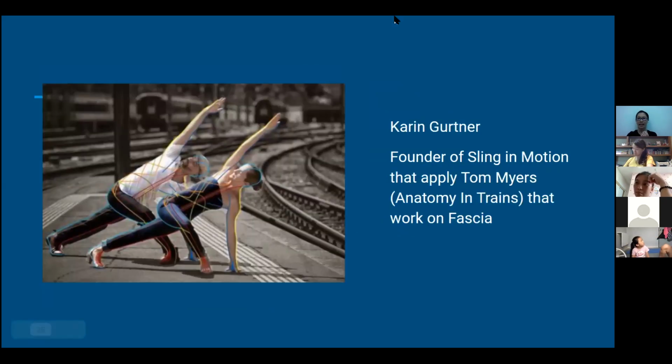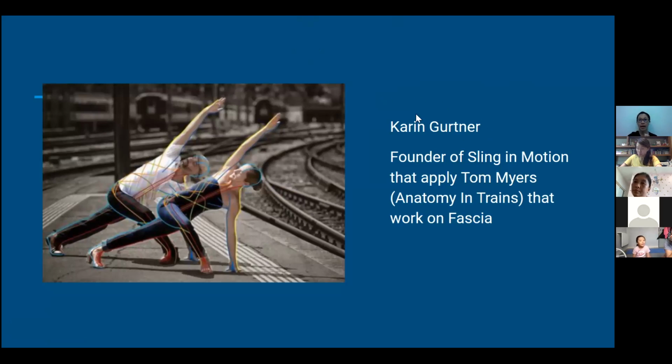Now, Karen Gardner also, she with Tom Myers, who is in Anatomy Trains, to form... Tom Myers is actually a body worker working on fascia, that you can actually have a look at also.